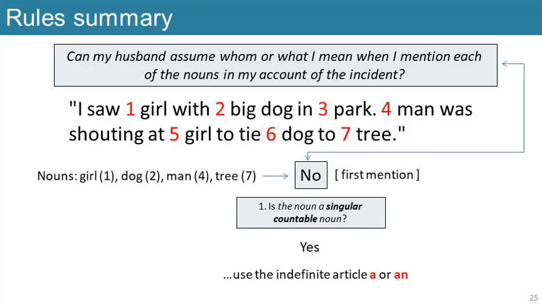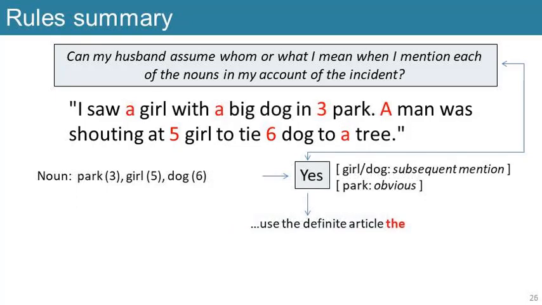The first time I mention the nouns girl, dog, man and tree, my husband does not know which girl, dog, man and tree I am referring to. So since these nouns are singular, then the indefinite article a is used. But he does know which park I mean, since it is the park near our house that I always run through.